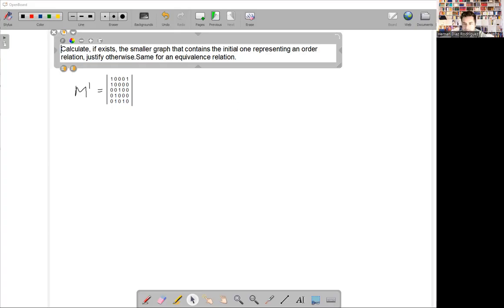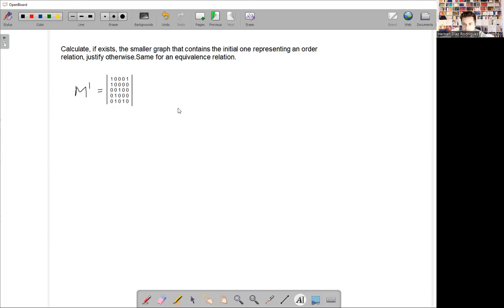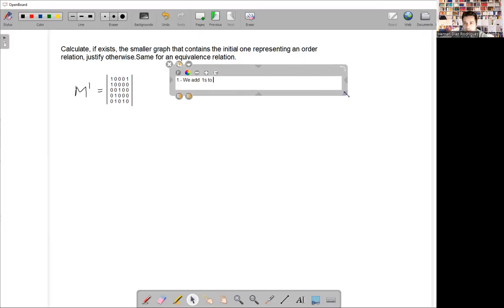Okay, so the first step, right, is similar to the previous one. We need to add ones for the relation to be reflexive and symmetric, right?